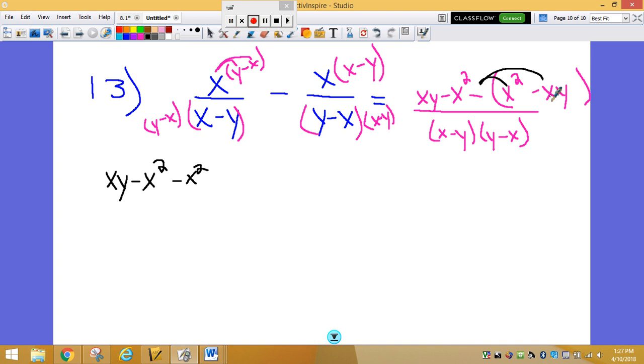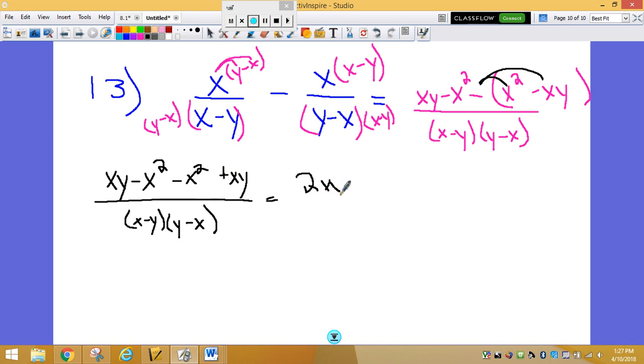Two minuses become a plus xy. So that's my top. Bottom stays the same. I can combine xy plus xy is 2xy. And negative 1 minus 1 is negative 2x squared.